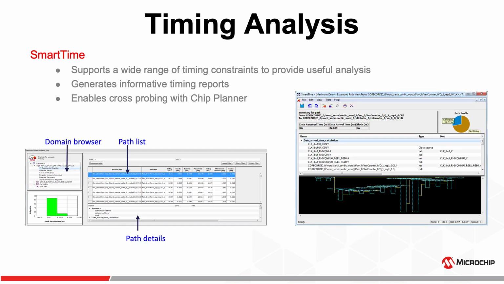Coming to the timing analysis, you already created the constraints using the constraints manager. With SmartTime, you can perform the complete timing analysis of your design, and it will ensure that you meet all timing constraints. If you view the timing constraints UI, you can see the register to register paths, and at the bottom it will tell you how the slack distribution is in your design.